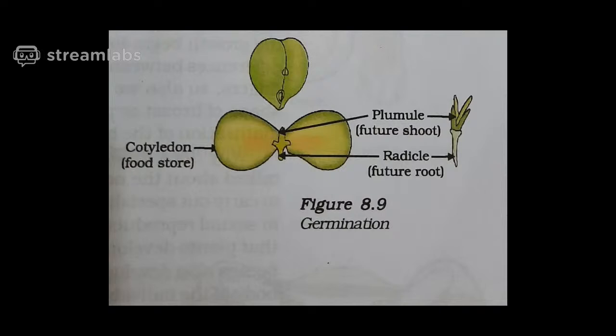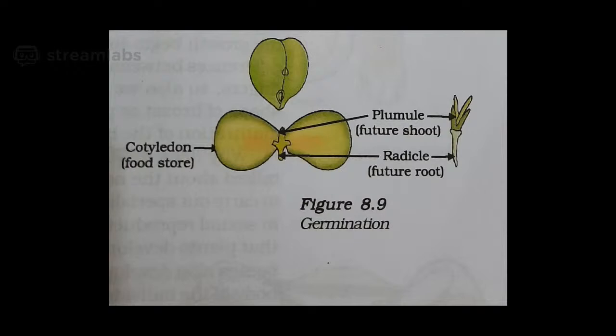When the seed germinates, you can find two important parts. As you see in the picture, the part which grows above the soil is known as the plumule. Remember, the plumule develops as the shoot system.